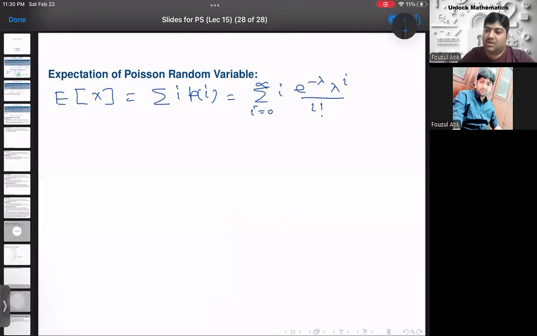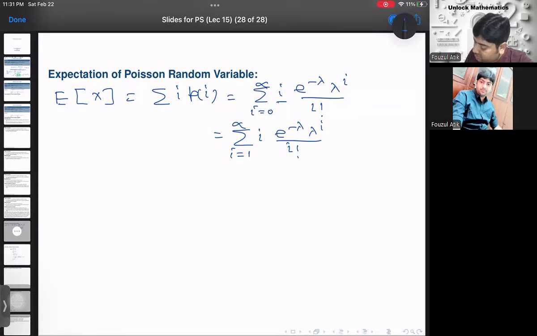Correct? Now let us do some calculation. See, i equal to 0 will give you 0, because of this i in the product. So I can start from i equal to 1, because i equal to 0 gives you 0. So it is i into e to the power minus lambda, lambda power i, divided by i factorial.